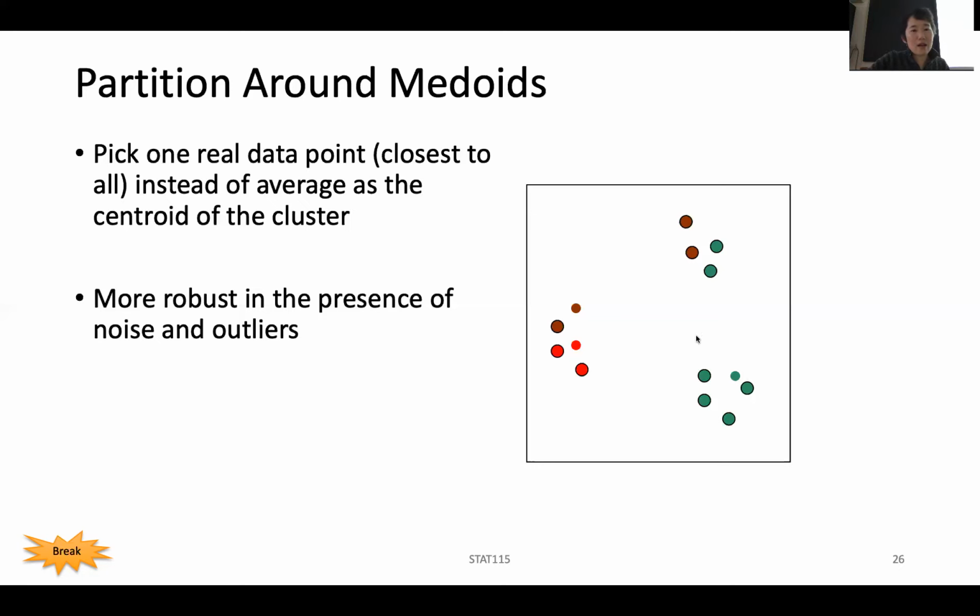So partitioning around medoids means every time the center of the cluster is always a real data point. You use the sample that's closest to everybody else as your real cluster center. And then you can still reiterate this process. Okay. So at least you pick a real point rather than an average, which is not representative of your cluster.